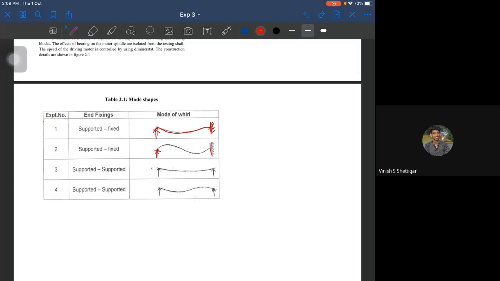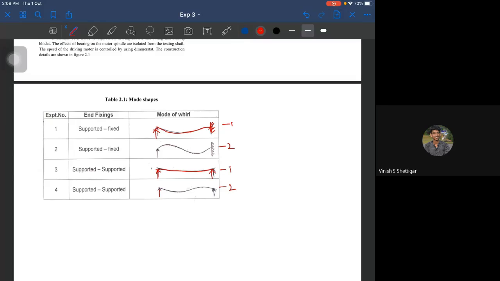The next one is supported: if both ends are supported by a roller bearing, then this is the mode shape, and the shaft will vibrate in this particular profile. If both ends are supported, then this is for one node and this is for two nodes. For two nodes, this is the mode shape you can expect, and for one node, this is the mode shape you can expect.